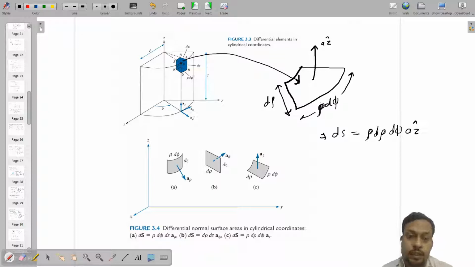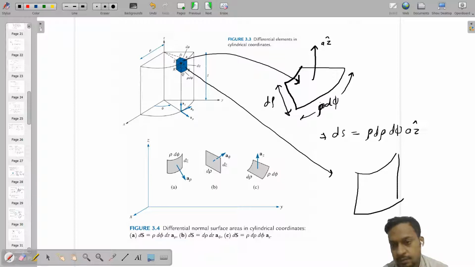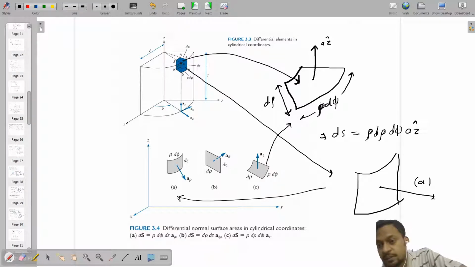Now taking the front surface of the cylinder. This is shown here in figure A, and the top surface is shown in figure C. The normal vector from this front surface is a rho.